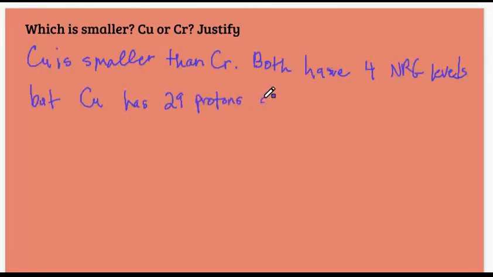And chromium, you got to look at chromium's atomic number, has, I think it's 24. In fact, I know it is, has 24 protons. So there's our evidence. Now, how does this evidence make copper smaller? Is what you have to do.